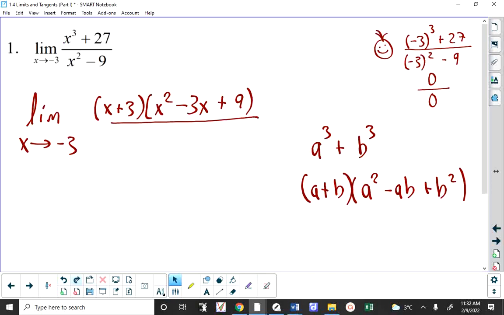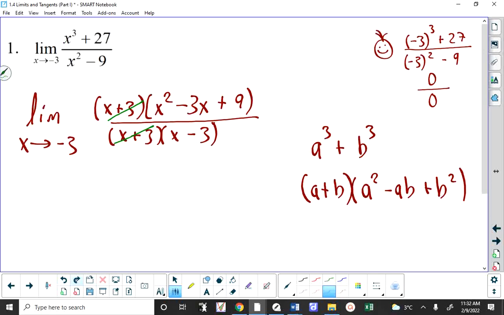And this is, of course, over x squared minus 9, which factors as a difference of squares into x plus 3, x minus 3. You can see you have a factor of x plus 3 in the numerator and denominator, so they cancel.